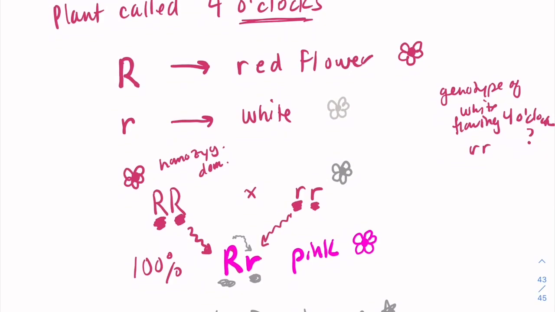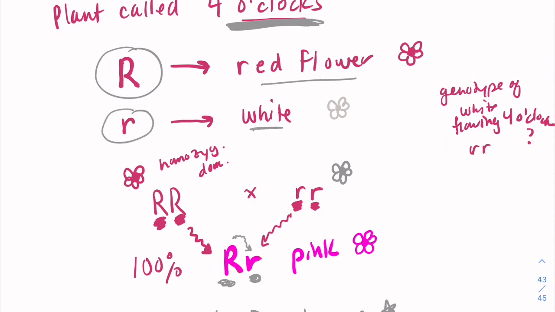Right, last time we left off, we were talking about a plant called four o'clocks and how there is a gene, we could call it the R gene, where the dominant allele, capital R, causes a red flower, whereas the recessive allele causes a white flower.